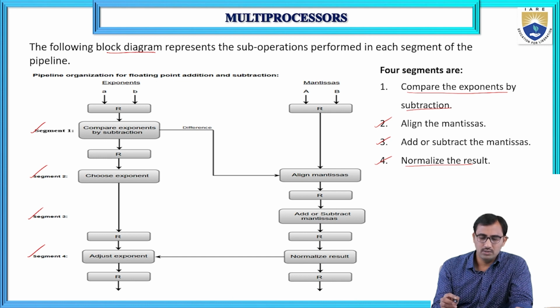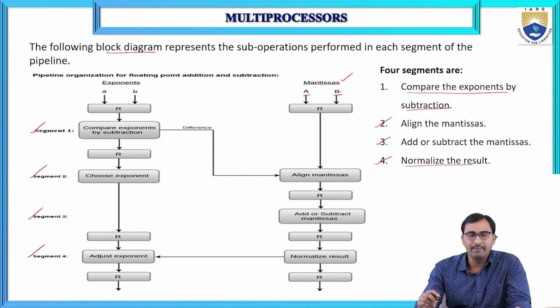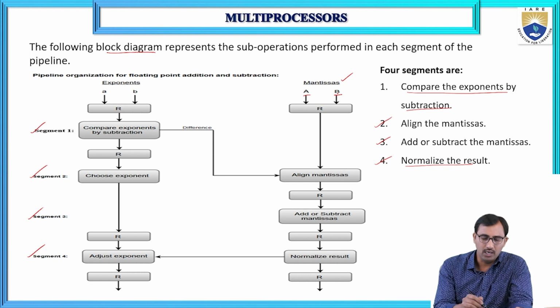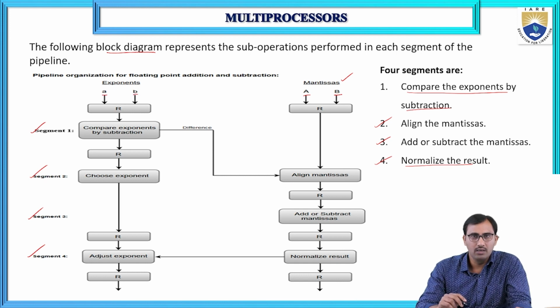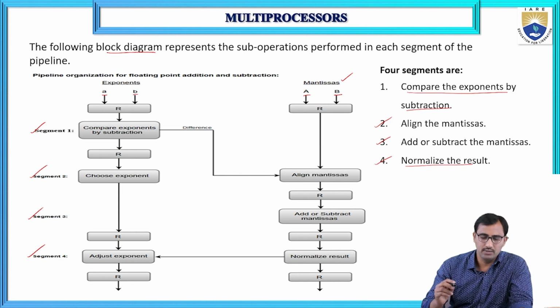We have two floating point numbers. Capital A and capital B are the mantissas of the two numbers, and small a and small b are their exponents.